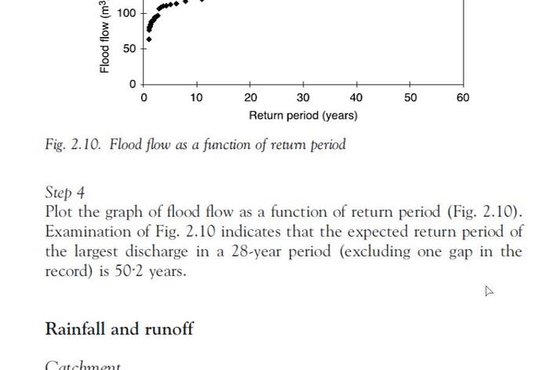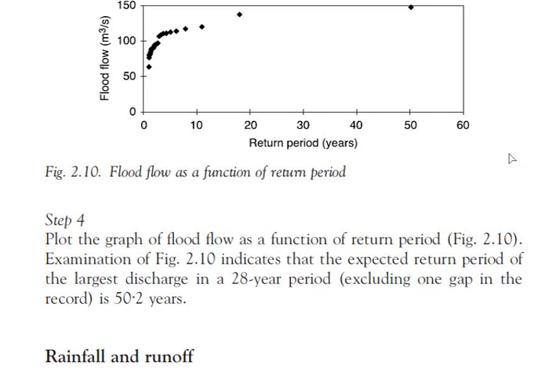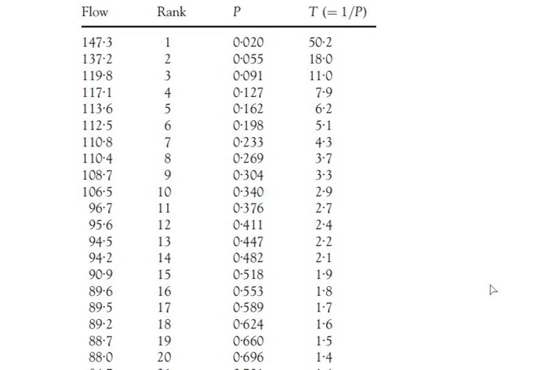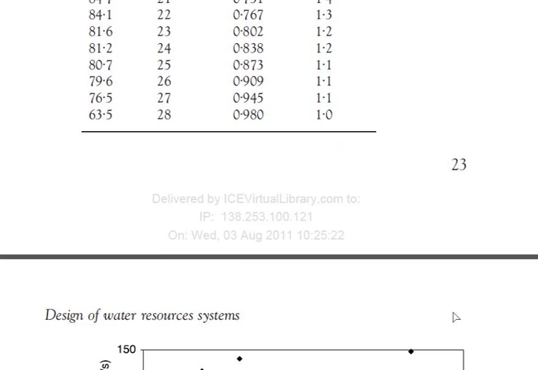Okay, and once we've done that, we can plot up the graph which they asked for, which was flood flow as a function of return period. Having calculated the return period T here, we plot that along the bottom line, and the flood flow from the first column along the y-axis.